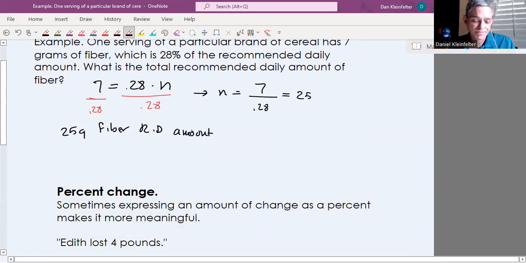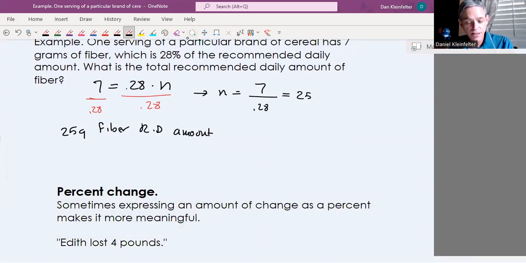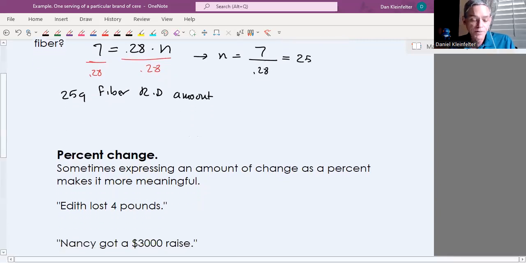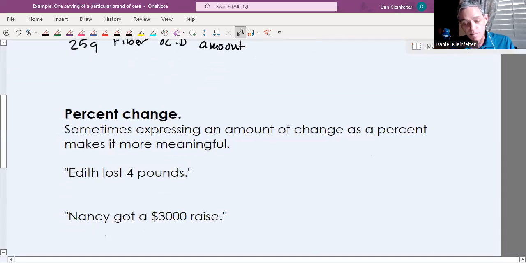Okay, moving on. Still working on percentages, we want to look at the idea of percentage change. So quantities change, and sometimes it makes most sense to express those changes as percentages. And that's what this is about. So for example, suppose that Edith lost 4 pounds. Is that a little or is it a lot?